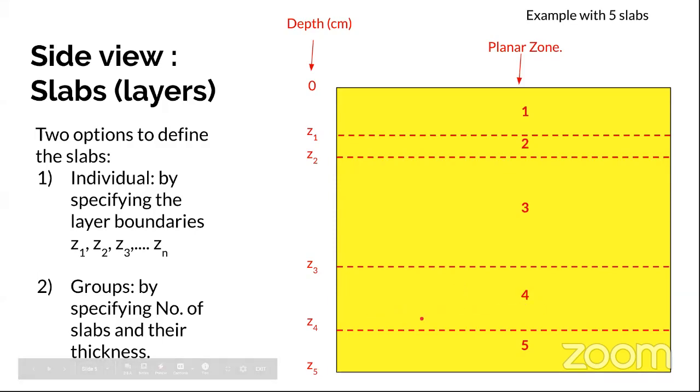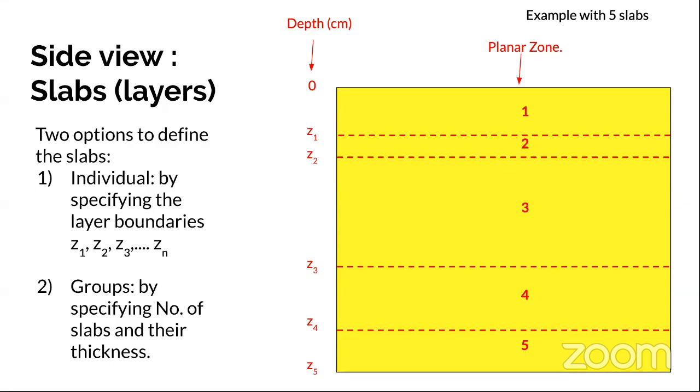The nice thing with this approach is when we want to look, for example, at a central axis depth dose. Say we have a 30 centimeter phantom, and suppose we want to divide it, just for simplicity, into 30 slabs. If I use the individual method, then I need to enter 30 boundaries.